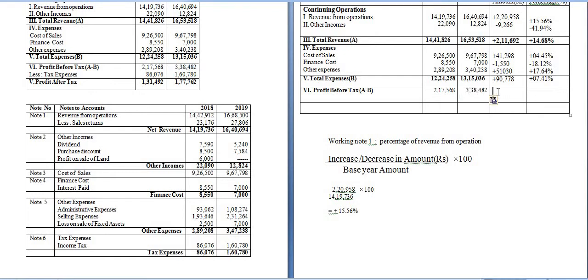Now we have to find out whether the PBT, that is profit before tax, increased or decreased. Make the comparison. It is increase.